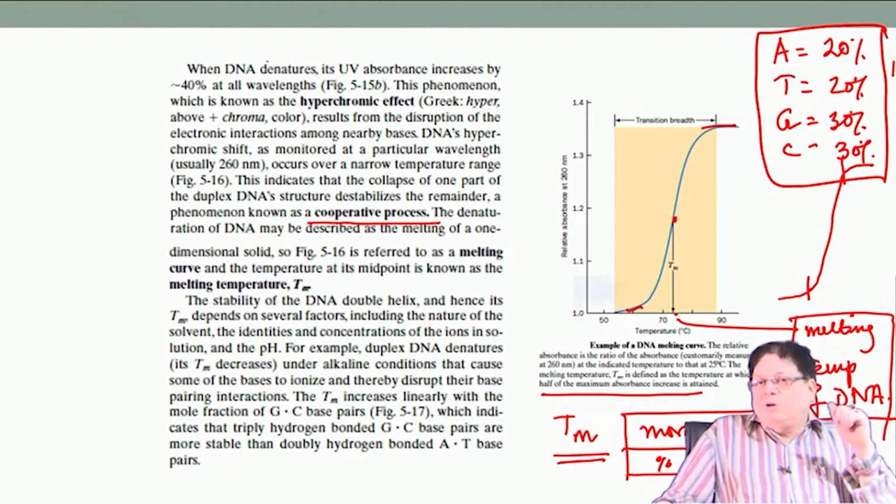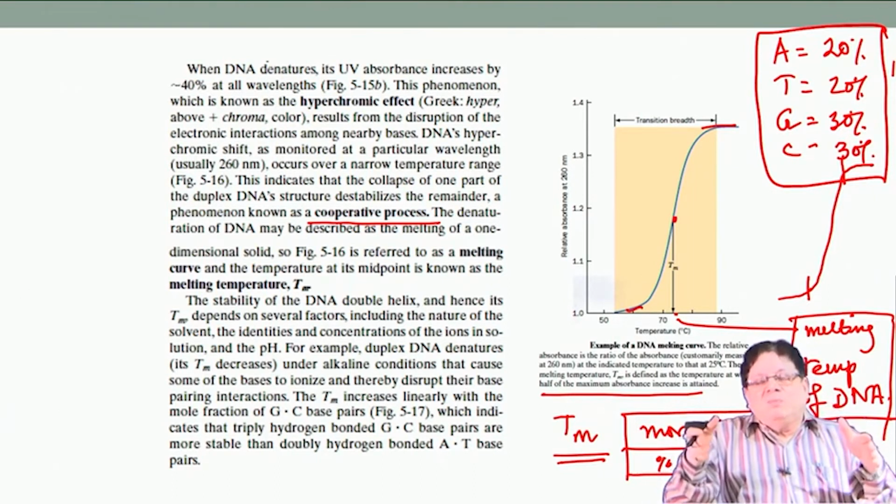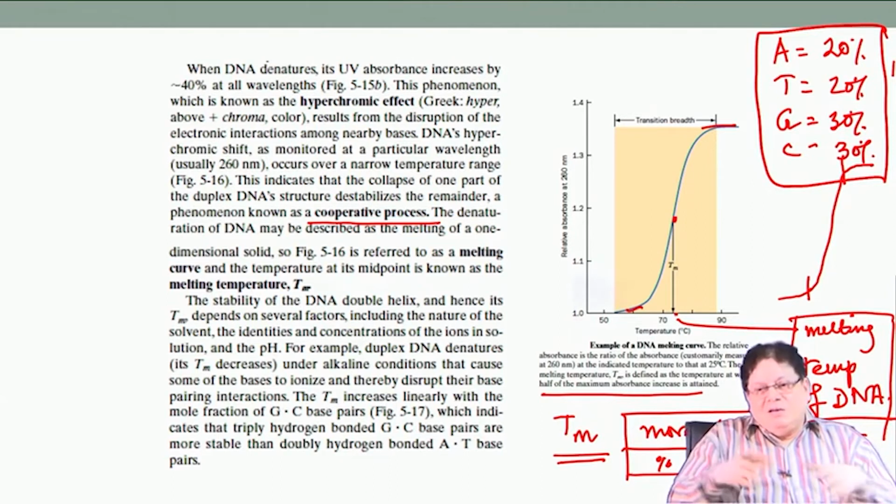So, it is a hydrogen bond disruptor. So, if you try to determine Tm in presence of a hydrogen bond disruptor, your Tm will fall, because that disruptor will assist in destroying the hydrogen bonds. Okay. So, things like urea, if you add, that will also lower the Tm, because it helps in breakage of the hydrogen bonds.